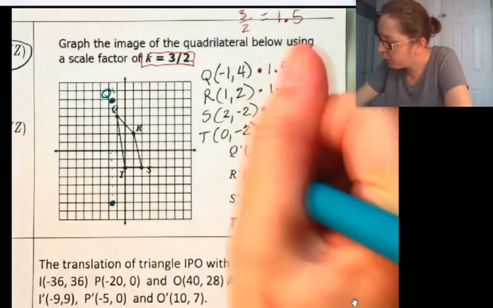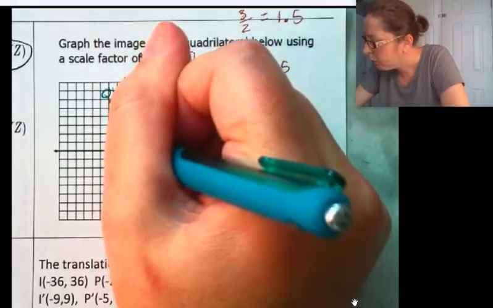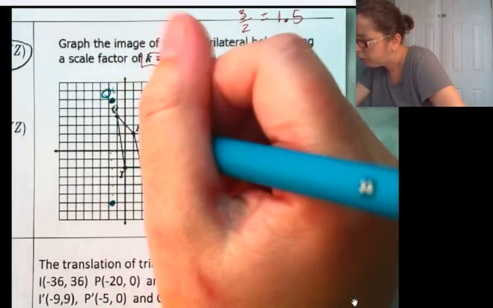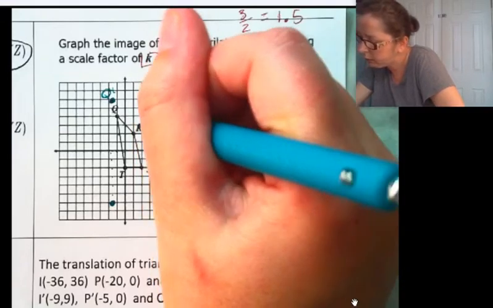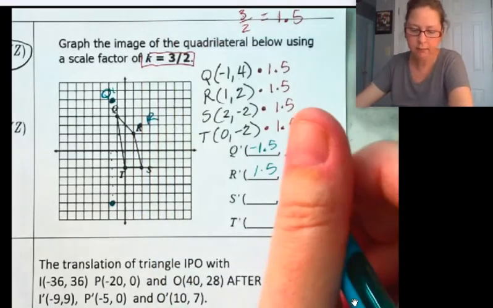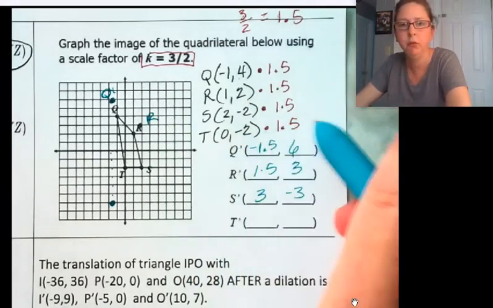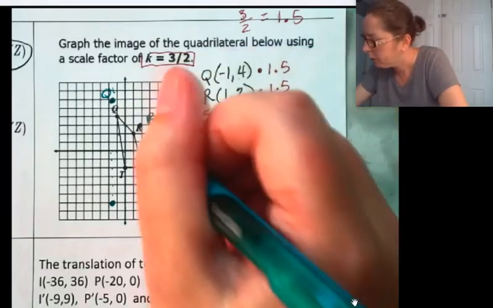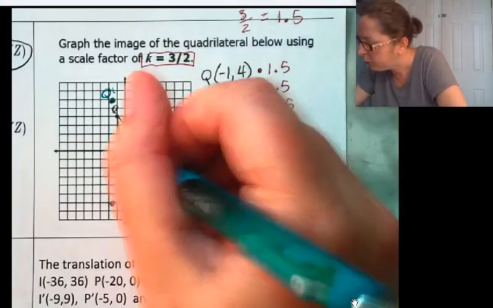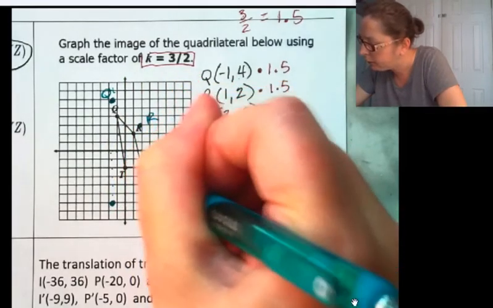I get 1.5 and 3. So 1.5 and 3. For S, I get 3, -3. Again, all I'm doing is using my calculator to multiply these. So my origin, 1, 2, 3, 1, 2, 3.